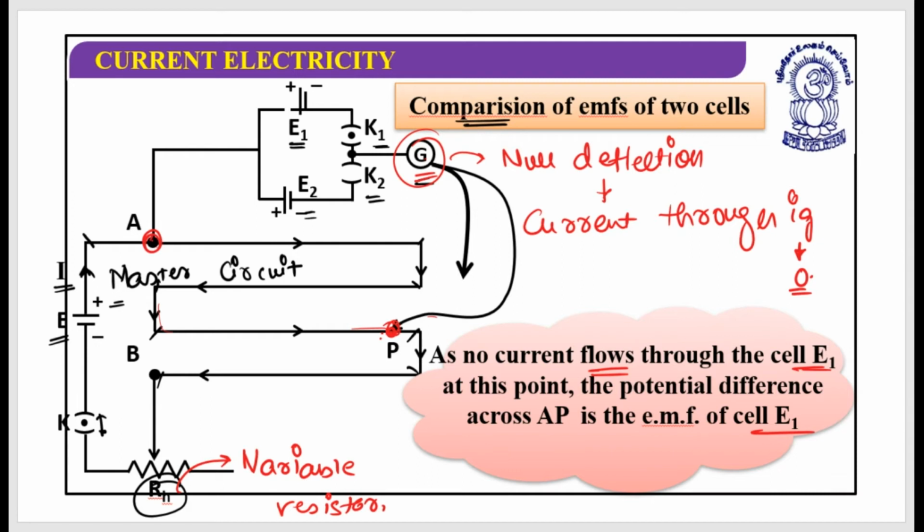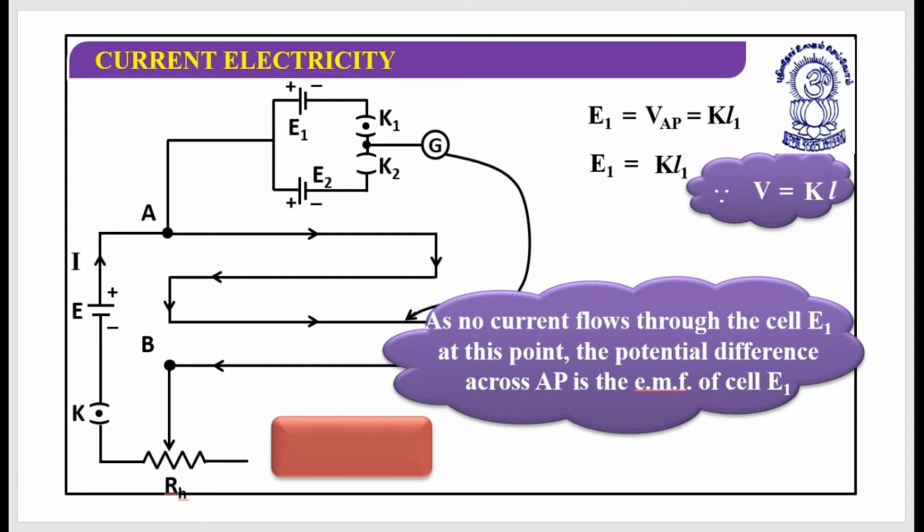That means the potential of E1 and the potential from A to P must be the same. So E1 can be written as V_AP, and that can be represented as K into L1. So E1 equals K into L1.